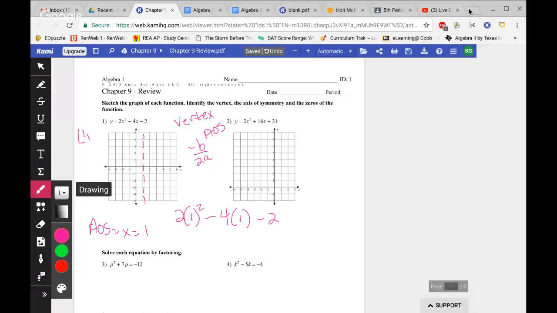So 1 squared is 1, so that's 2 times 1, which is 2, minus 4 times 1, which is 4, minus 2. So then that's negative 2 minus 2, which equals negative 4. So our vertex is (1, negative 4) for number 1.